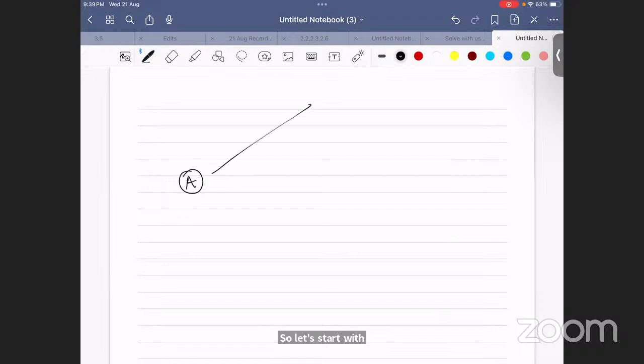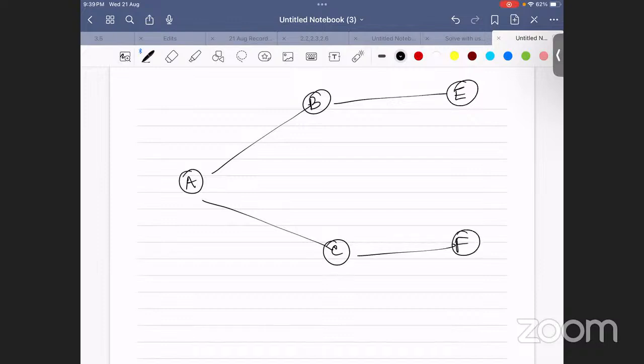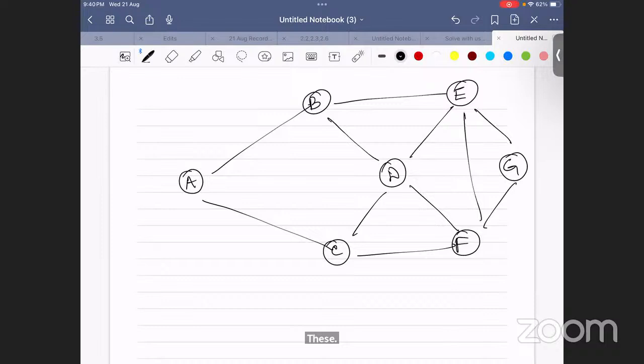This is A, B, C, D. Okay, all the weights are there. Everything is there, right?